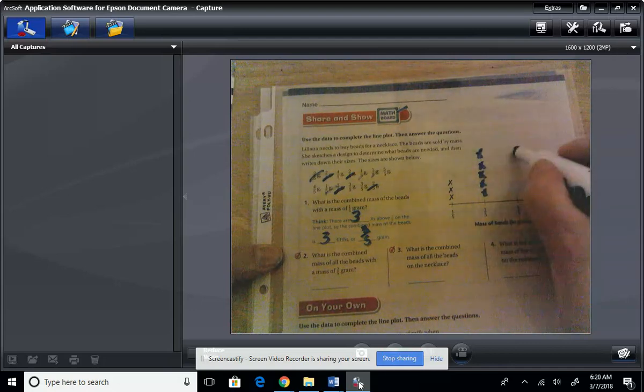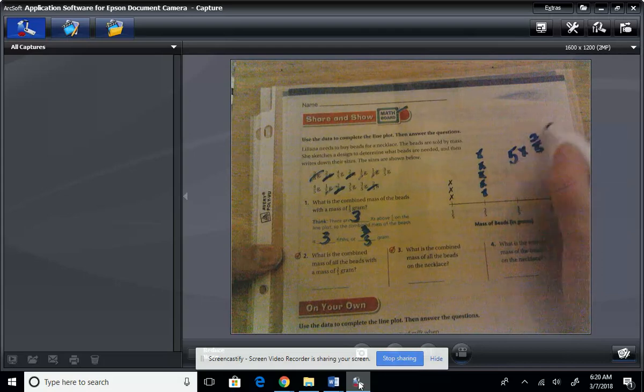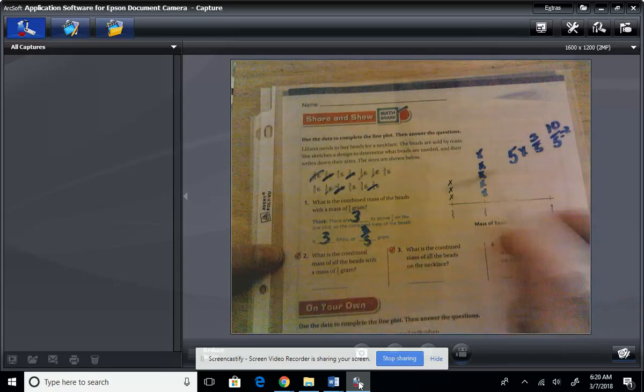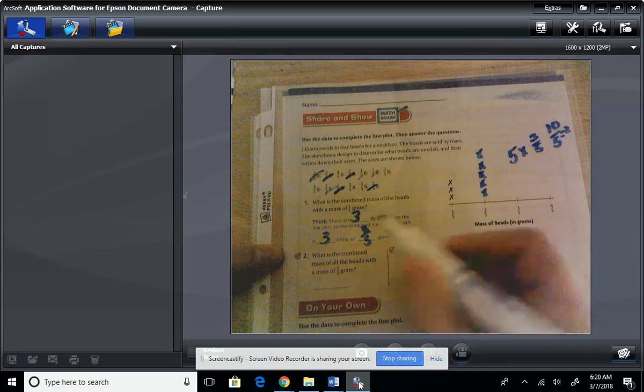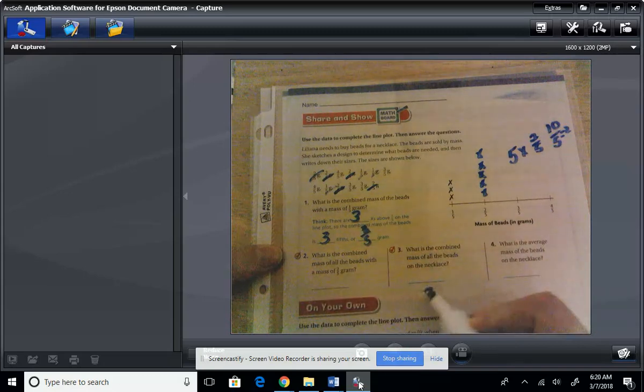And we've got to do 5 times 2/5, and we get 10 over 5, and we know that that equals 2. So so far we have 3/5 plus 2 whole.